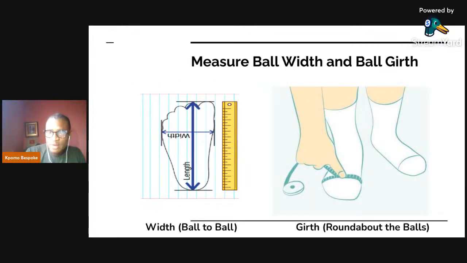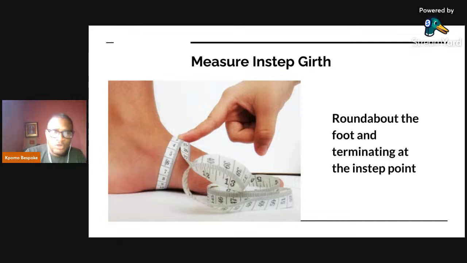So this is an illustration of how you measure the circumference of the balls. Underneath the smallest toe on the outside, underneath the biggest toe on the inside, and you take a measurement around those places. Then you should also take a measurement of what is called the instep girth. The instep is the highest point on your feet, the highest point you can see here.